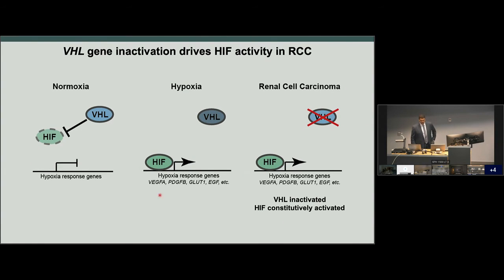Under normal oxygen conditions, the tumor suppressor gene VHL constitutively ubiquitinates and degrades the hypoxia-inducible factors, which are transcription factors that will become important in a second. Under conditions of hypoxia, this normal constitutive degradation process is interrupted. So HIF proteins are stabilized. They go into the nucleus and they activate a slew of genes which are adaptive to that hypoxic response.